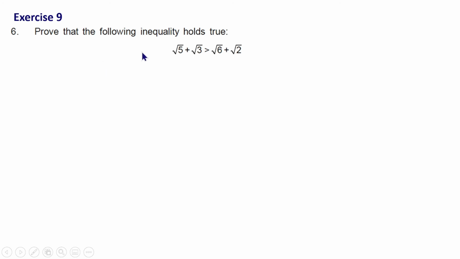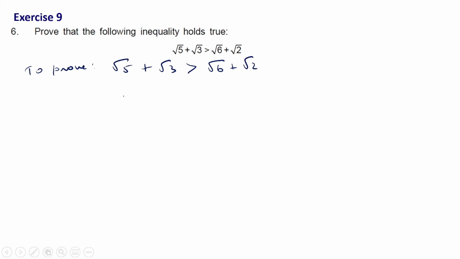Next question, prove that the following inequality holds true. Root 5 plus root 3 greater than root 6 plus root 2. So we have to prove root 5 plus root 3 greater than root 6 plus root 2.